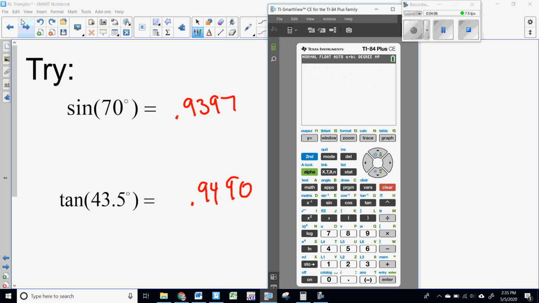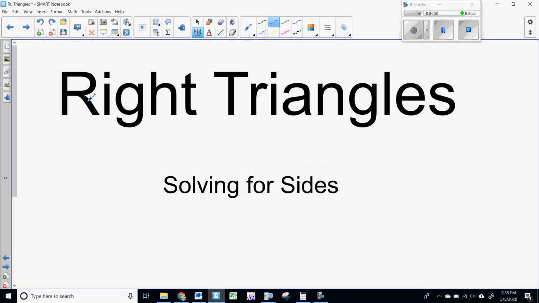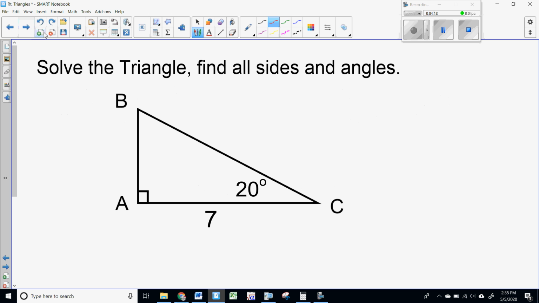What we want to look at today is, if we are given a right triangle, we want to solve for the sides. That means we want to find what all of the sides are equal to. So we have a right triangle. We know this angle is 20. The first thing we need to do is label what we already know. This is angle C, so we know this is side c.